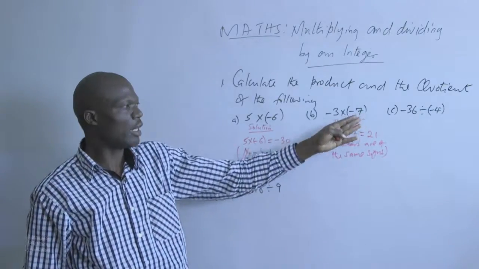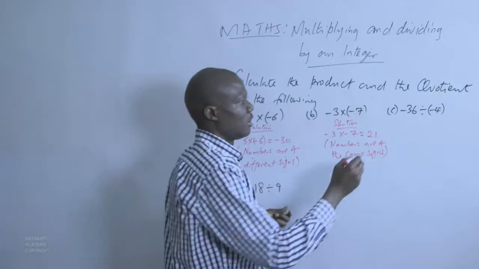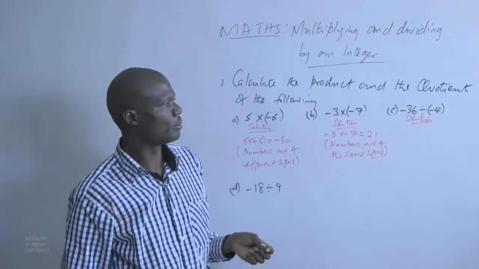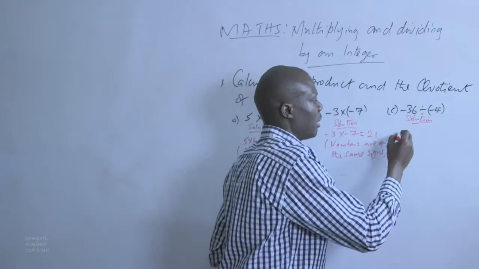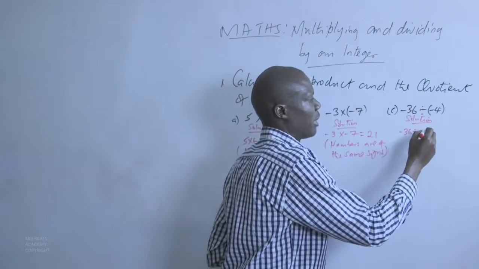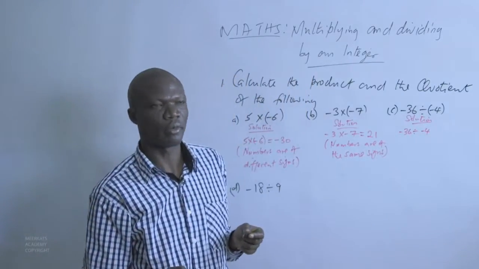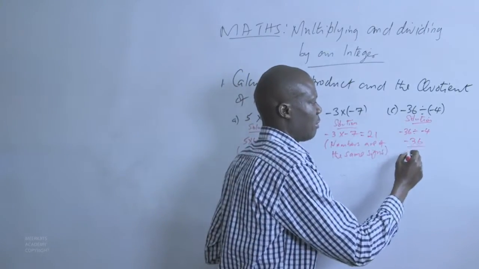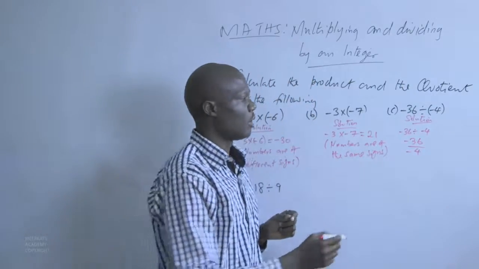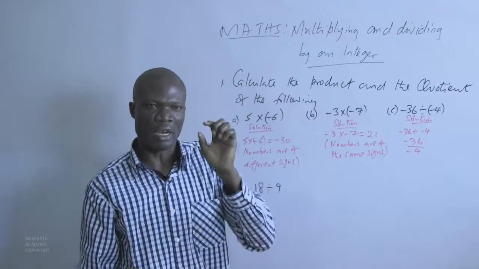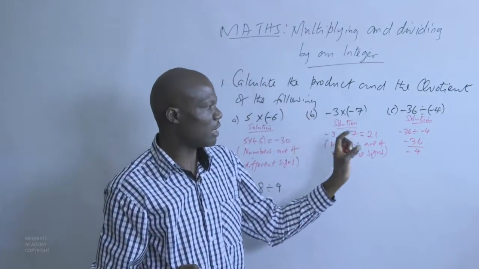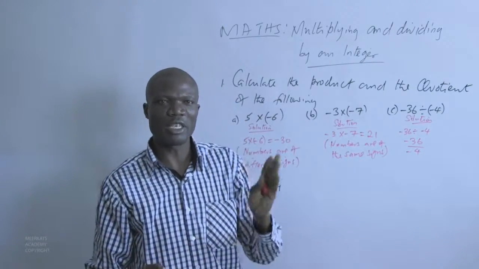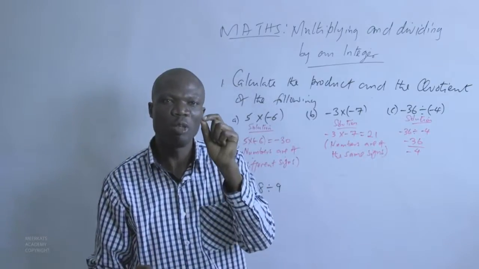The third one is a quotient. It is asking us to find negative 36 divided by negative 4. This is the same as negative 36 over negative 4. The two have similar signs, so if the signs are the same and we are getting the quotient, then the answer should be positive.